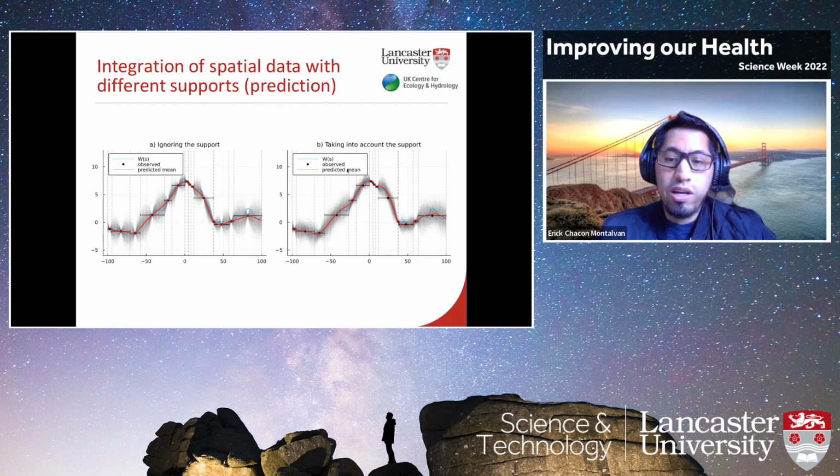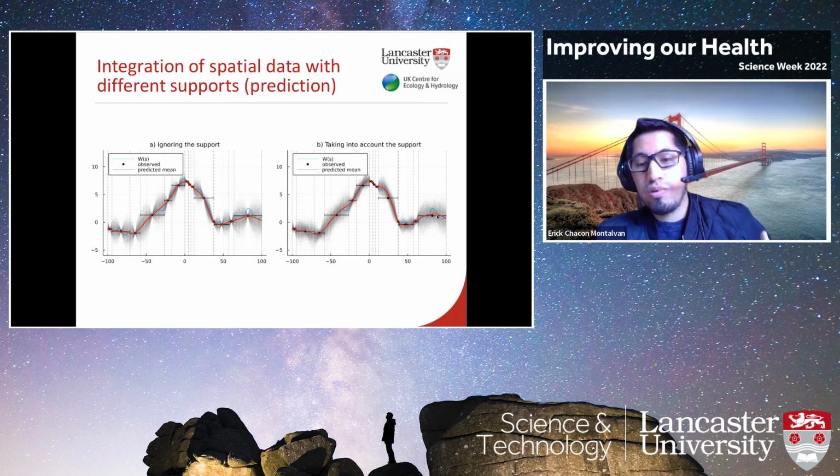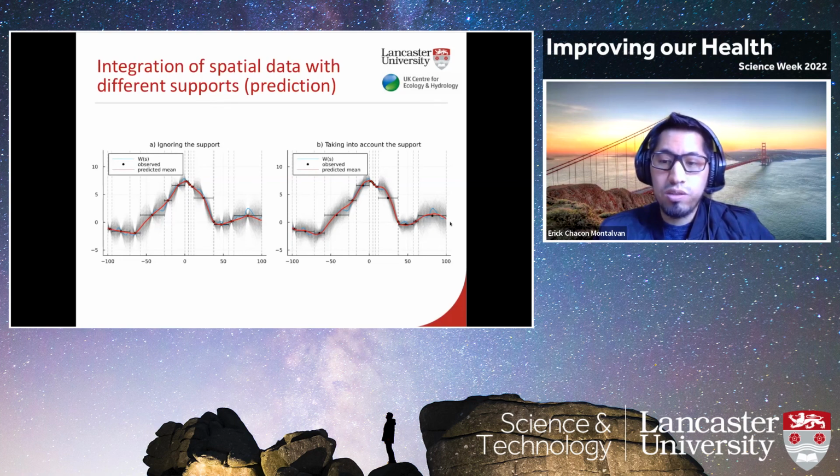While in our case, because we consider the support, there are no such strong changes; the prediction we obtain is smoother. Second, remember that these gray lines help us understand the uncertainty of our predictions. If there is a bigger range of these values, there is higher uncertainty. If there is a smaller range, there is lower uncertainty.